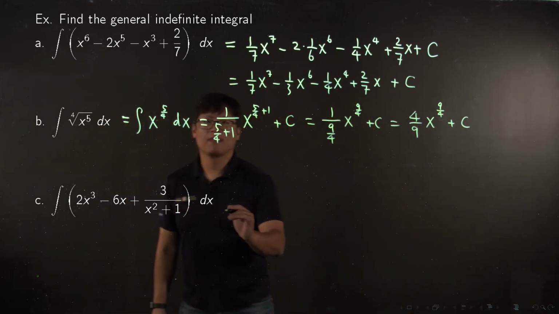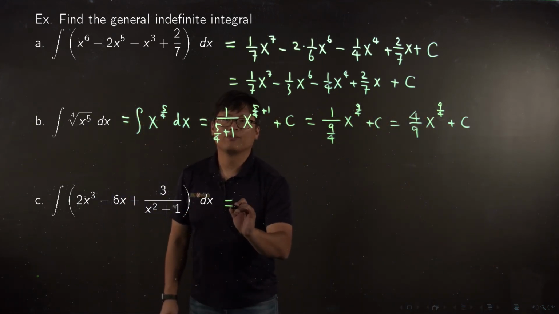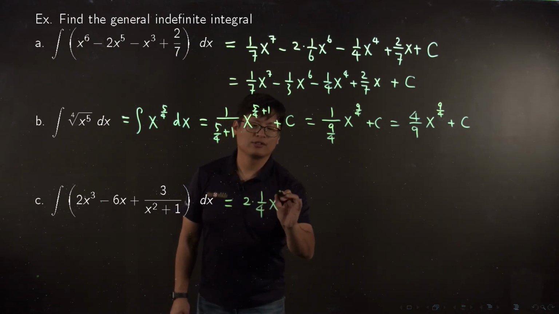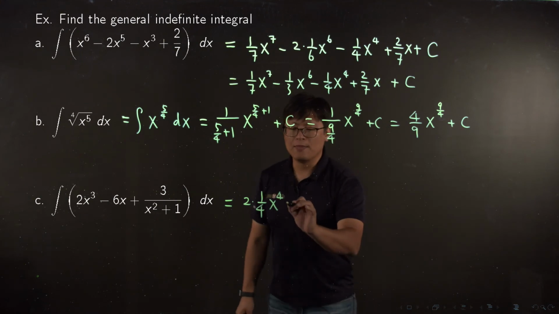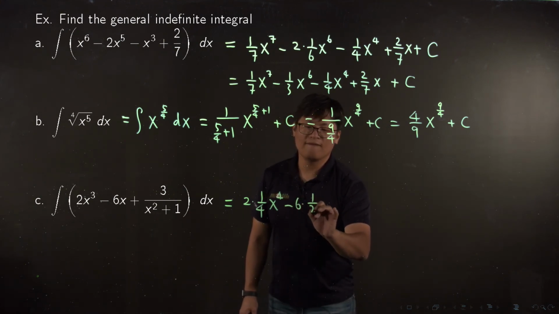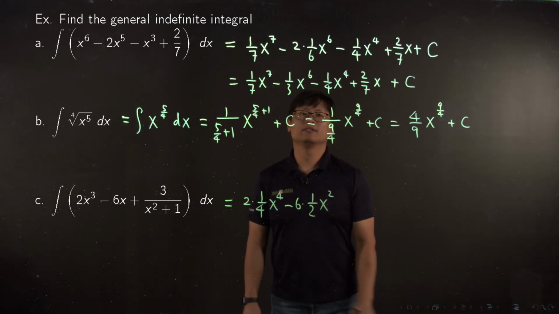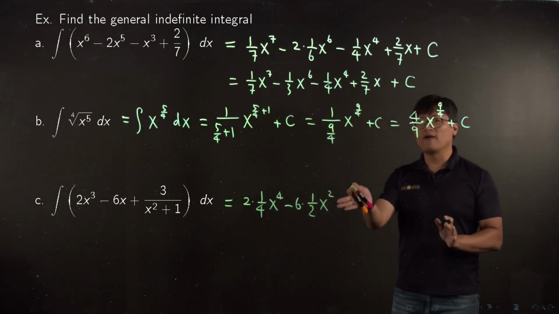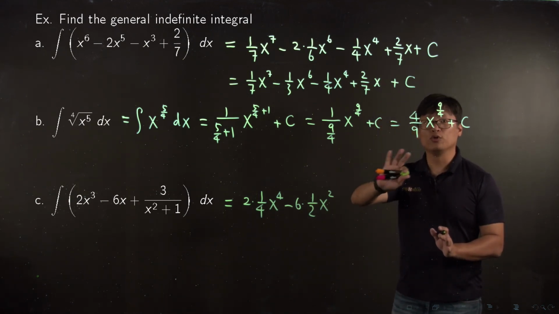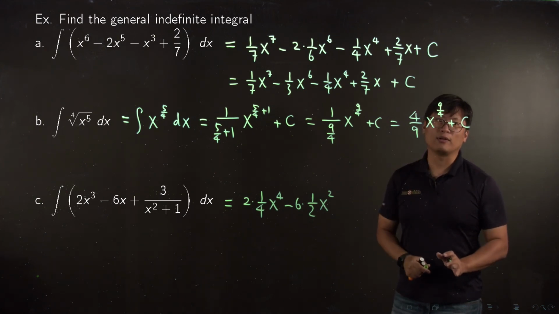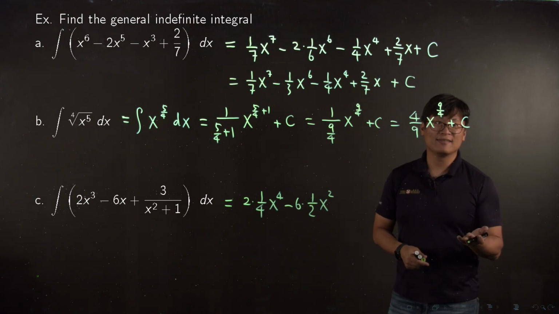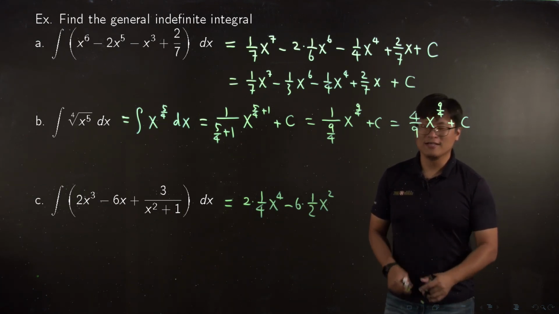Same thing, okay? By the power rule, it is 2 times 1/4 x to the 4, and then minus 6 times 1/2 x squared. And then the next one, it's not a power rule, but we are familiar with this one, with 3 on top, which is 1 over x squared plus 1. That is arc tangent, right?